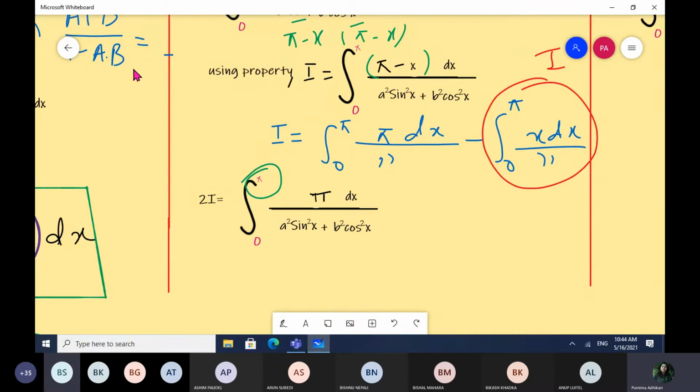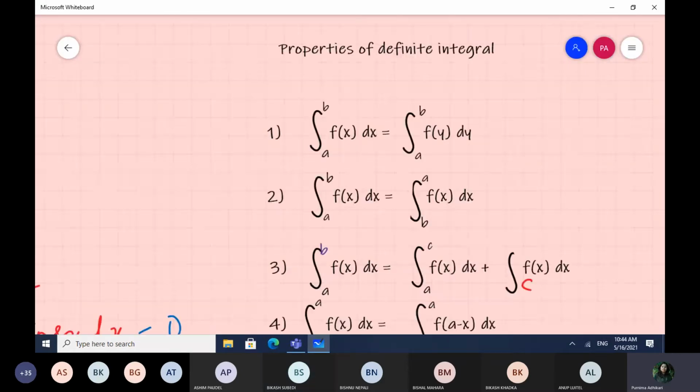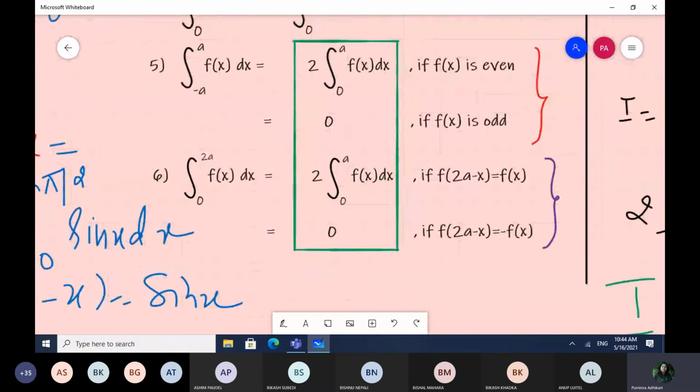त्यही त्यो f of 2a minus x is equal to f of x भयो भने twice times 0 देखि pi by 2 सम्म हुन्छ भन्ने वाला. Yes, property number 6: 0 to 2a f of x dx is equal to 2 times 0 to a f of x dx, if you remember this condition, f of 2a minus x is equal to f of x.